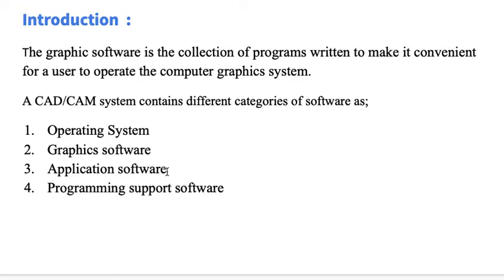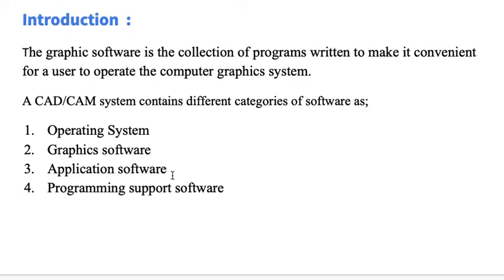Next, application software. The creation of the geometric model of an object is not the end goal of users. The ultimate goal is to use the geometric model for design analysis and manufacturing.